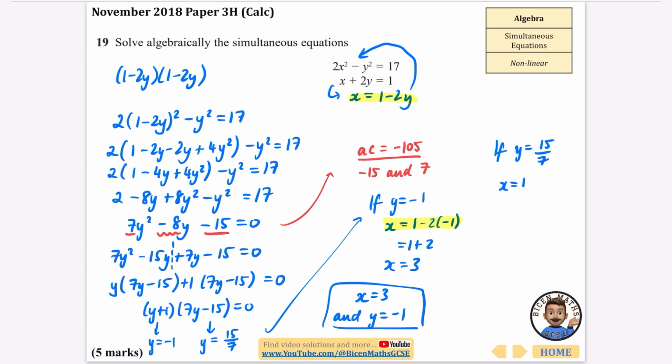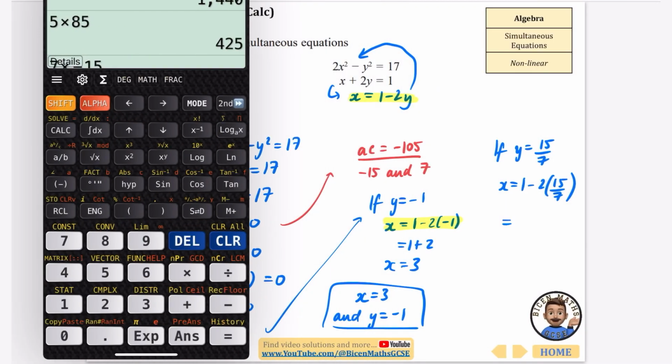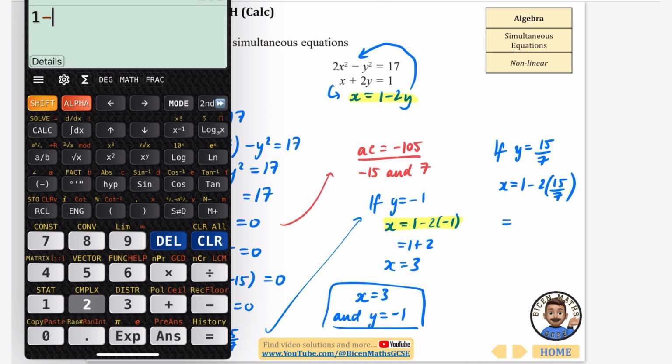It's going to be 1 minus 2 lots of 15 over 7, and this is perfect for us to put into the calculator. So I'm going to do 1 minus 2 lots of brackets 15 over 7, and we get minus 23 over 7. So we get x is minus 23 over 7 and y is 15 over 7.